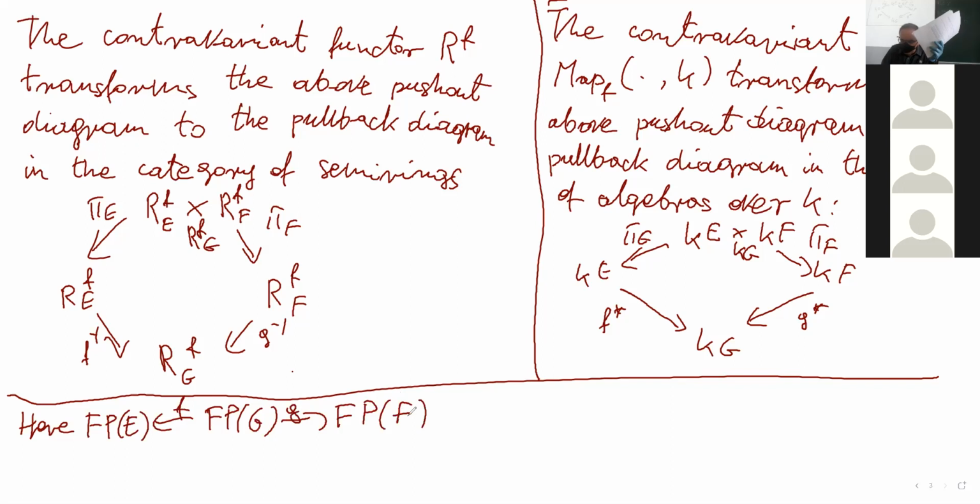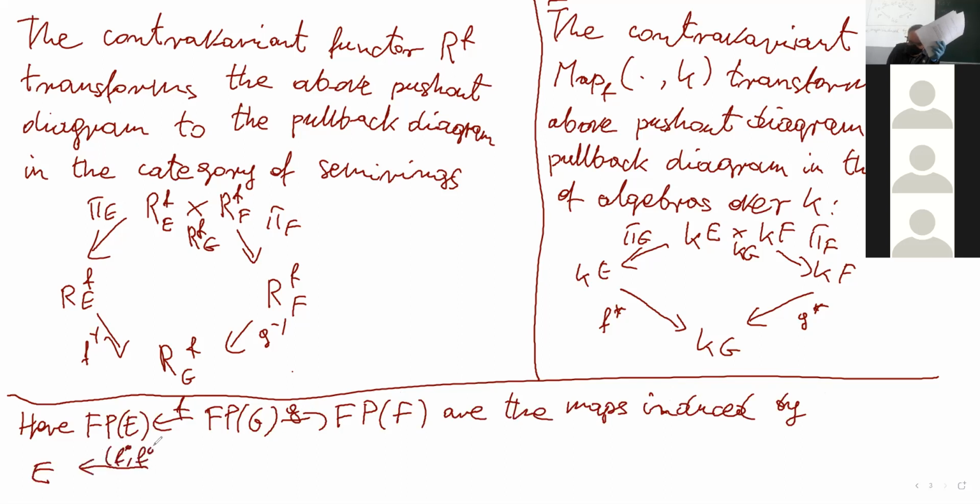So here, these are the maps induced by E and the morphism F0, F1, and the morphism G0, G1 going to F, of course, respectively.